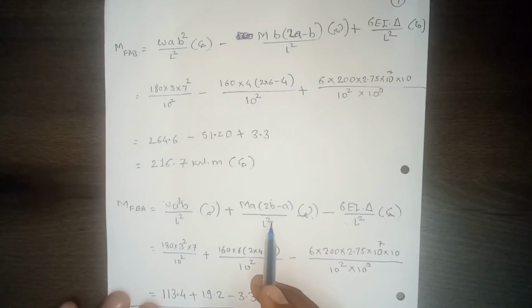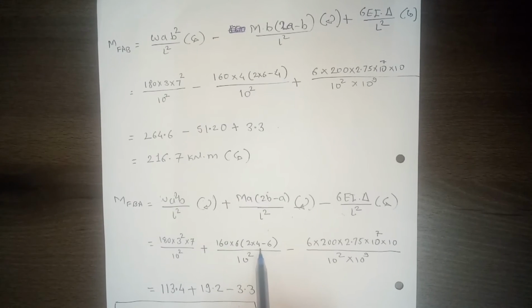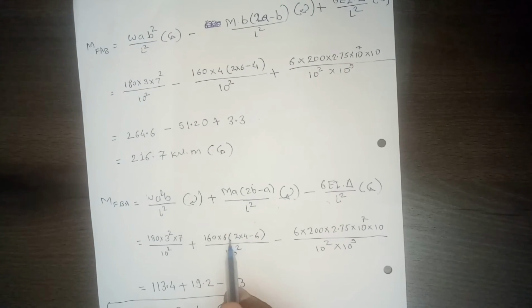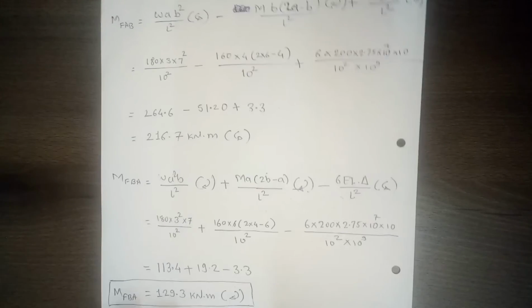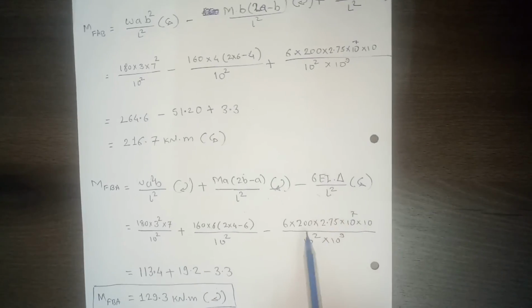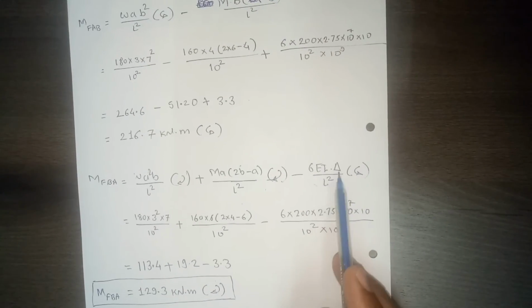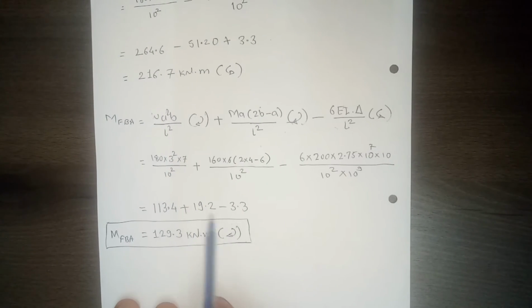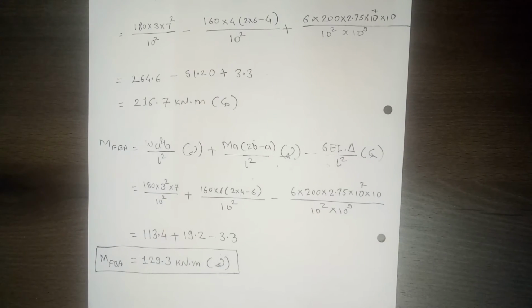That is what I have substituted here. Here there is no A and B value, so only the L value and delta we need. So you substitute these values and you will get the answer 129.3 kilonewton meter. That's how you can calculate the fixed end moment.